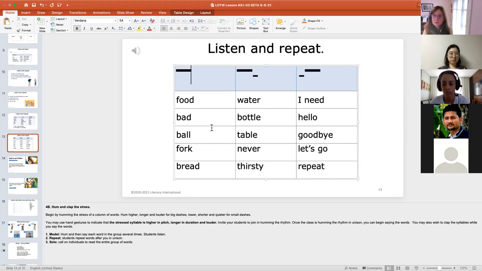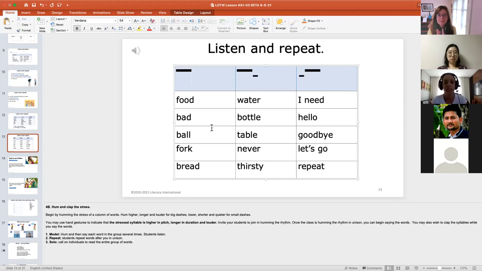Good. Now, if you want, you can also have the whole class humming and clapping in unison. Sometimes that's fun. So let's try that with the clapping and see how that works. Class, clap along with me and let's do this 1 syllable. Here we go.